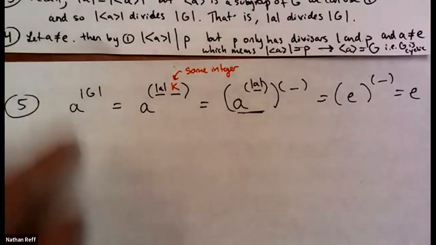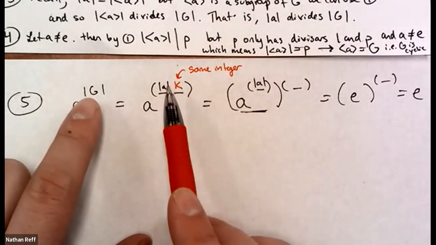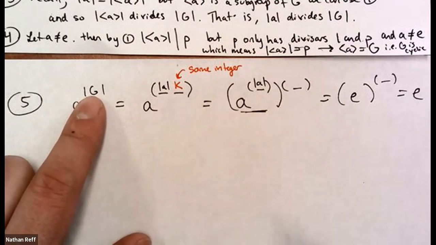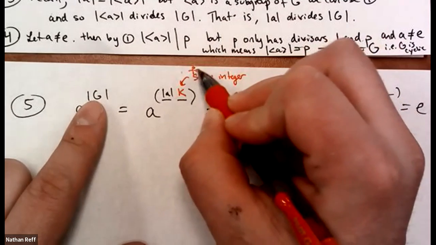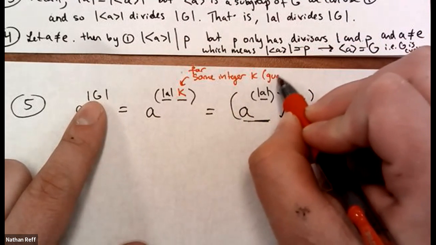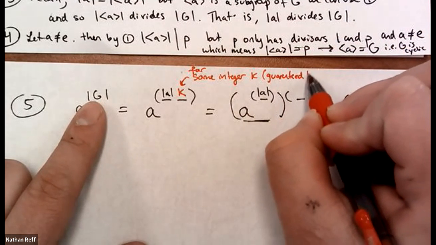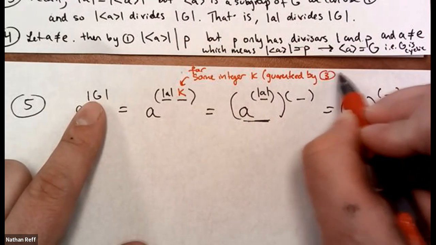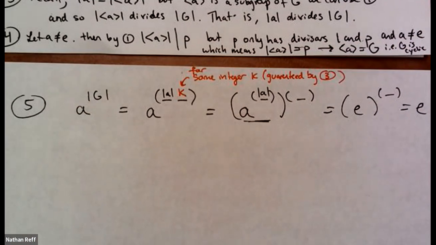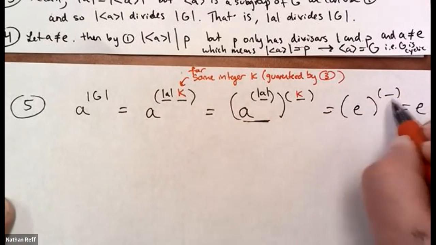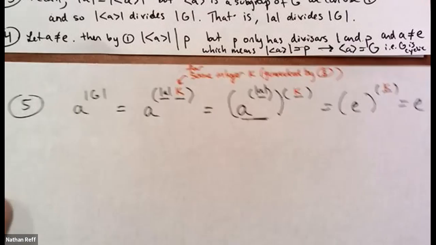So you're actually guaranteed that the order of A divides the order of G. So this must exist, for some integer K, and this is guaranteed by 3. Does everyone see that? It's sort of a silly, clever trick, right? And this is still K, and you get it.